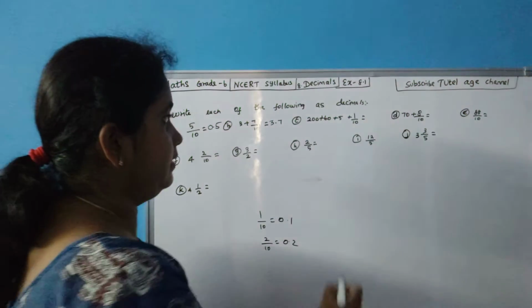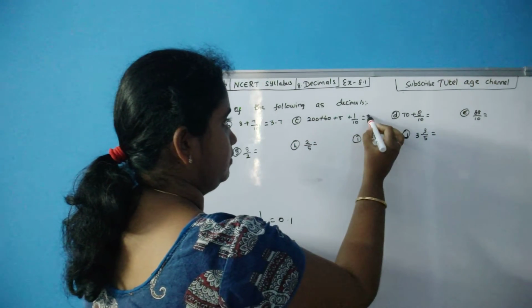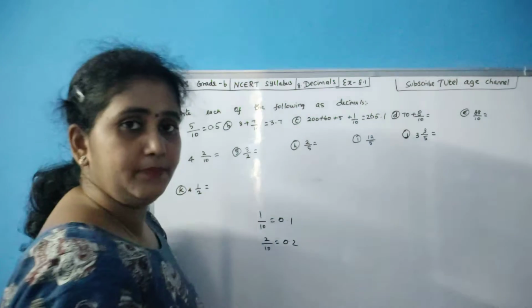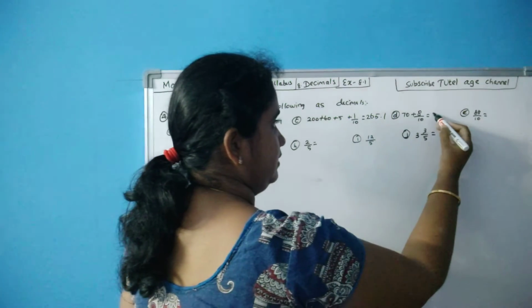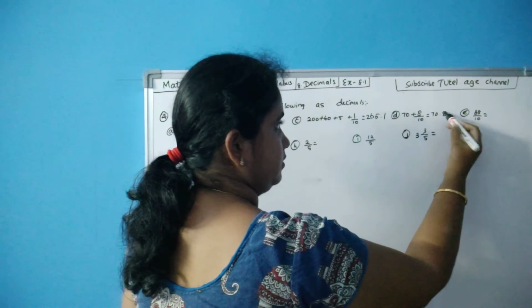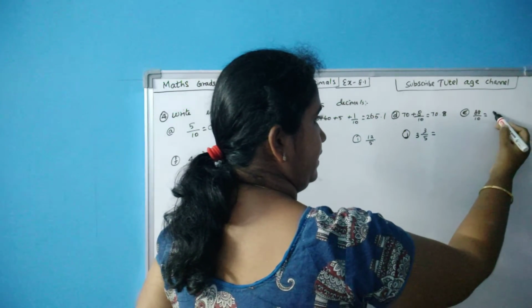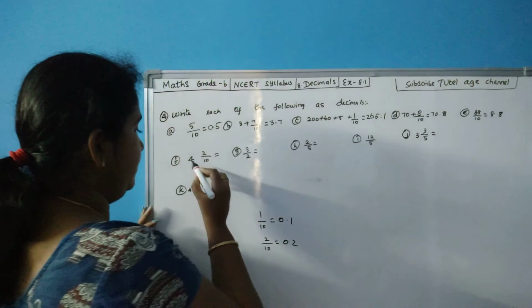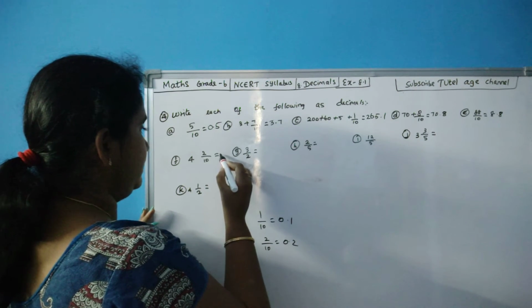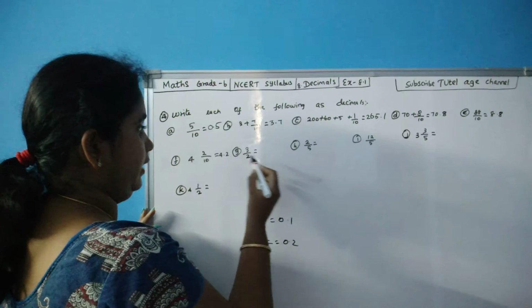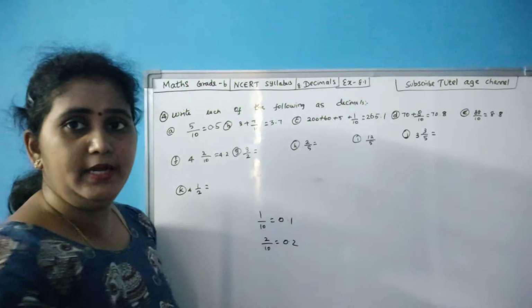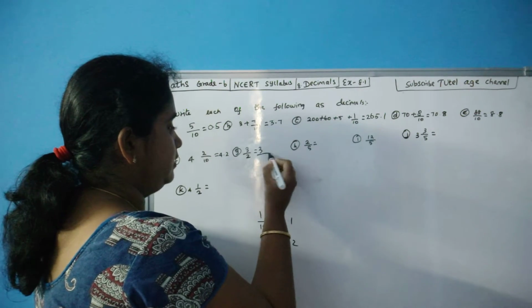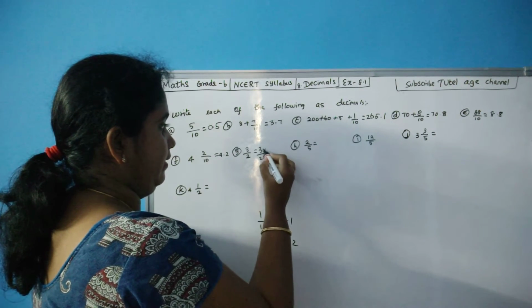Next sum, 265 and 1 by 10, that is 265.1. 70 plus 8 by 10, that is 70.8. 88 by 10 is nothing but 8.8. Hope you understand. Next one, 4 and 2 by 10. That is nothing but 4.2. 3 by 2: either you can do the division and write the decimal, or you can multiply by 5 to get 10.